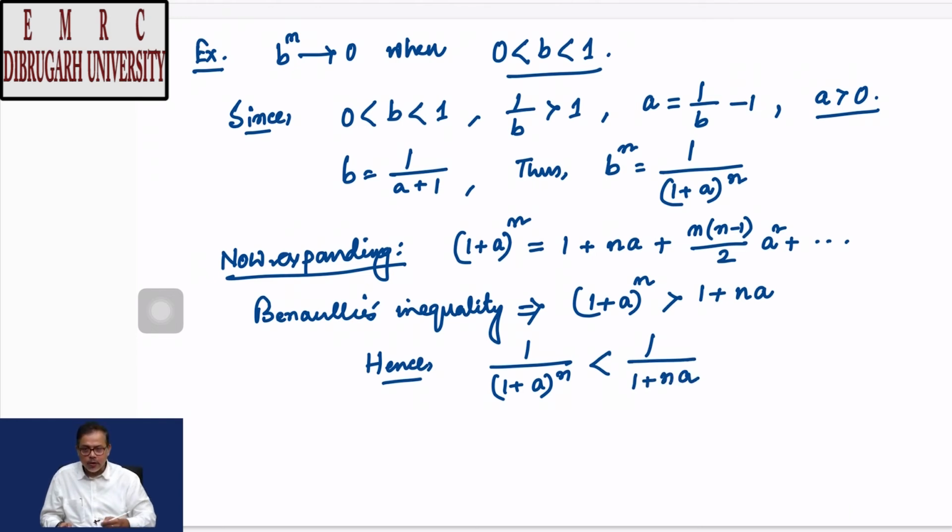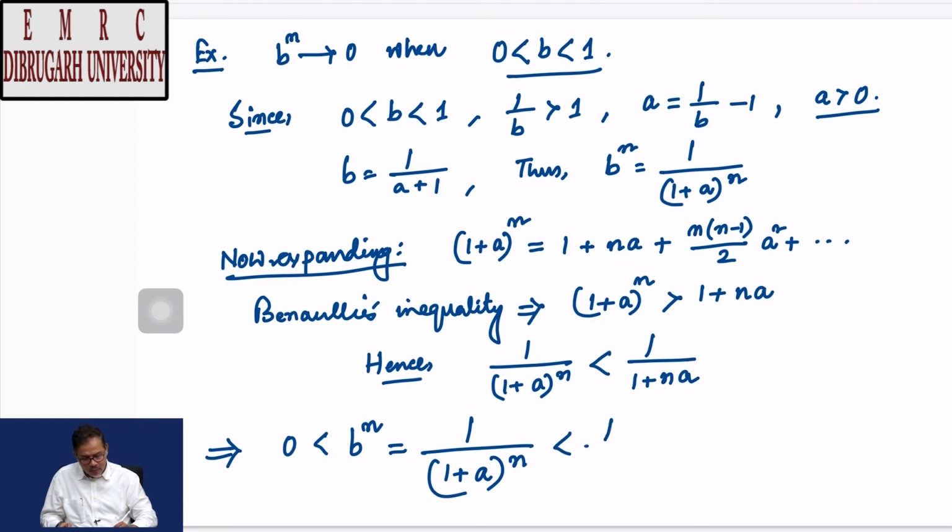Now, going back to the original expression, we have 0 less than b to the power n is equal to 1 by (1 plus a) to the power n, and that is less than 1 by (1 plus na), that is less than 1 by na, and that is less than 1 by n.